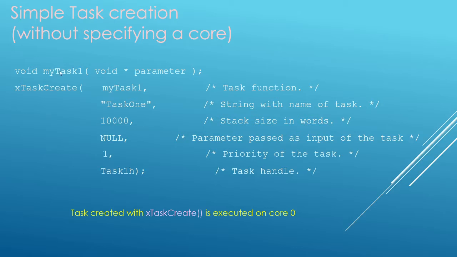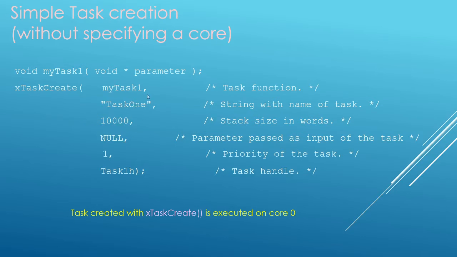First, you specify the function, the task function, my task one here, and you use xTaskCreate with my task one, the name, and the priority. Normally I wouldn't change some parameters here.